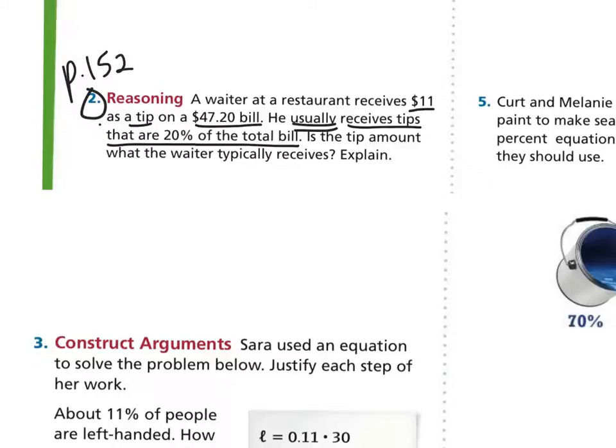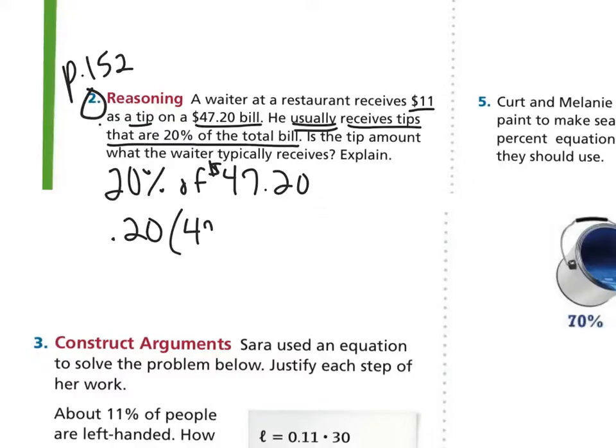So one way we could do this problem would be we could figure out what is 20% of the bill. So 20% of $47.20, 20%, we can move our decimal over 2 spots. And if you multiply, it would be $9.44. So $9.44 is 20%. That's what he would normally get. He actually got $11.